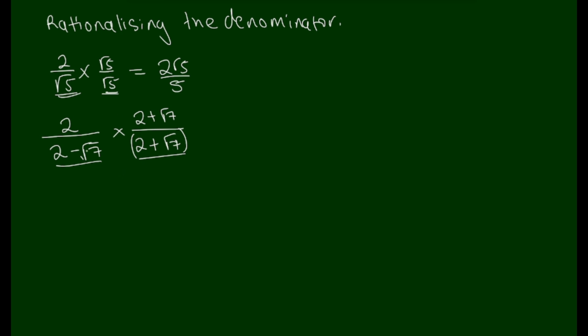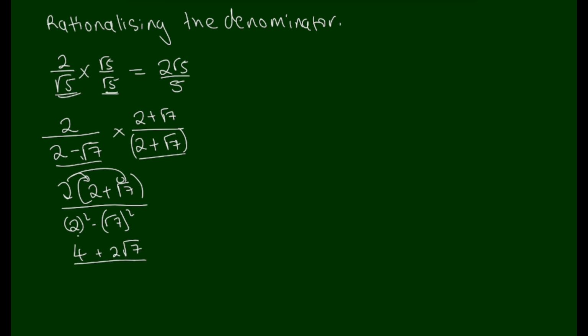So it means at the numerator, we have 2 times 2 plus square root of 7. And then at the denominator, we have 2 squared minus square root of 7 squared, isn't it? And then what do we get? If we distribute that, we get 4 plus 2 square root of 7 over, okay, what is 4 minus 7?